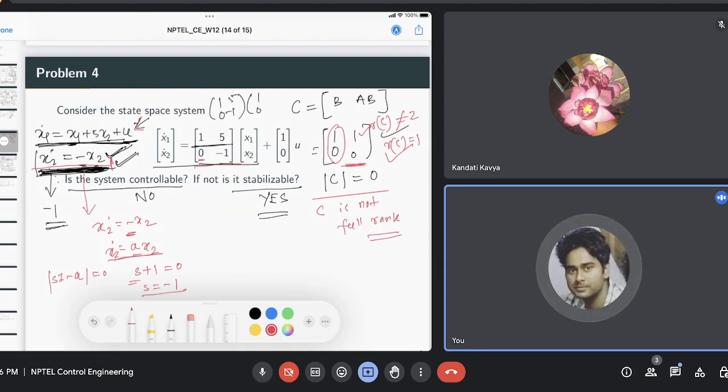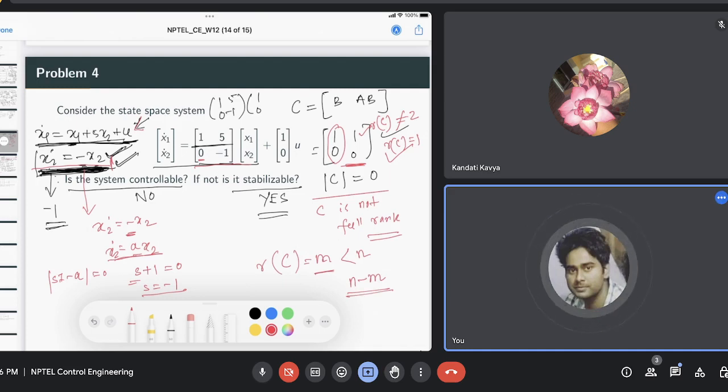Rank 1 means there is one mode that you can control; the other mode you cannot control. If C is an n-dimensional matrix with rank m less than n, then you can control m modes and cannot control n minus m modes.